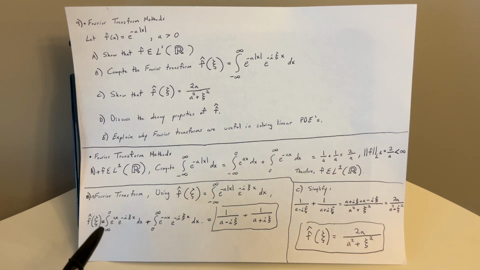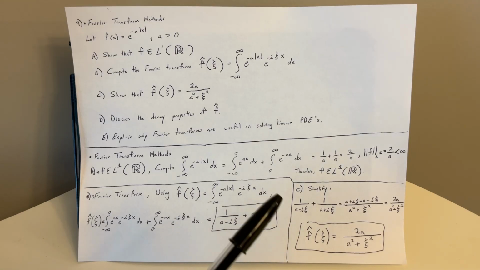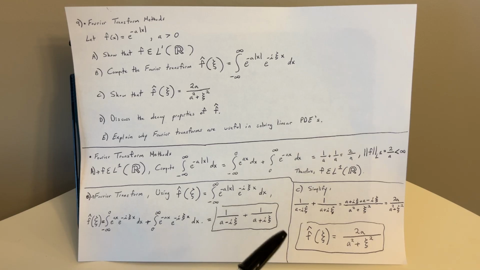F hat of xi equals this integral, split up, negative infinity to 0, e to the ax, e to the negative i xi x dx, plus 0 to infinity, e to the negative ax, e to the negative i xi x dx, and that's just going to come out very nicely to 1 over a minus i xi plus 1 over a plus i xi. And for part C, if we add these two, we just wind up with f hat of xi equals 2a over a squared plus xi squared.